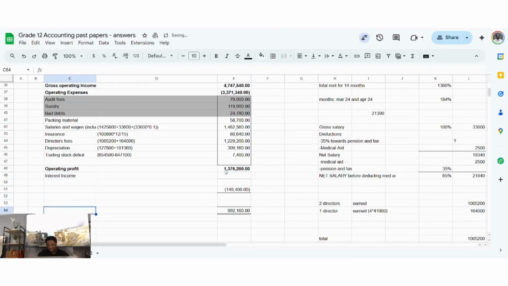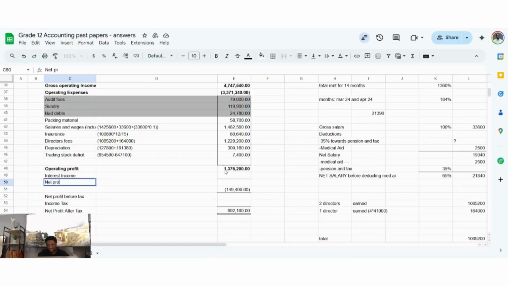Well, I'm not really too interested in finding the interest income, but if we are able to find it without calculating, then I would go for that route. Now, being given a profit after tax, it means that you can basically try and find income tax, and then if you find income tax, we can have the net profit before tax, and then we see if we can plug through these amounts.